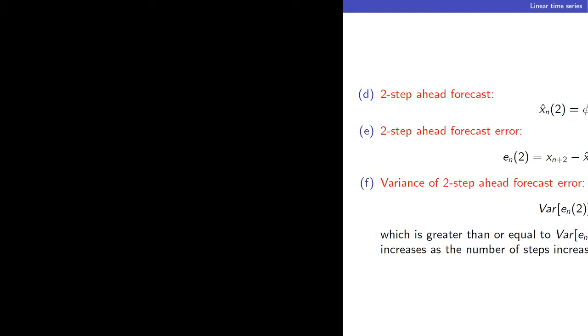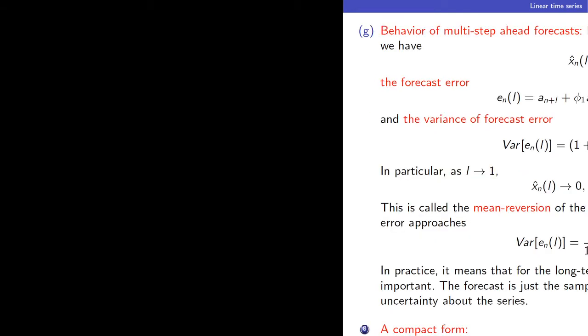The variance of this is 1 plus phi sub 1 squared times this, which is always greater than or equal to the variance of the forecast error with one step, because this is always greater or equal than 1. What I want to illustrate is that uncertainty in forecast always increases, and this is a perfect reflection of that.